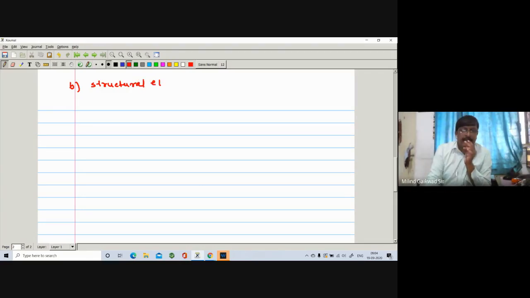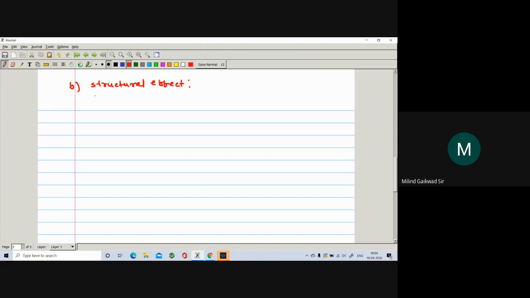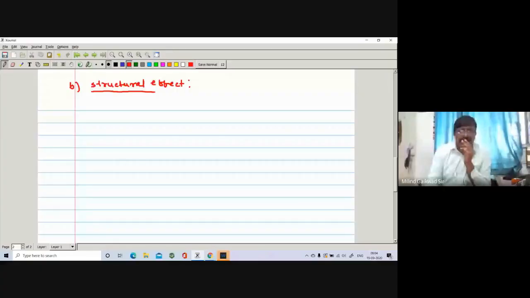Structural effect. In structural effect, we have to check whether the structure of the substrate affects the reaction or not. Suppose you take a substrate, for example, tertiary butyl chloride.